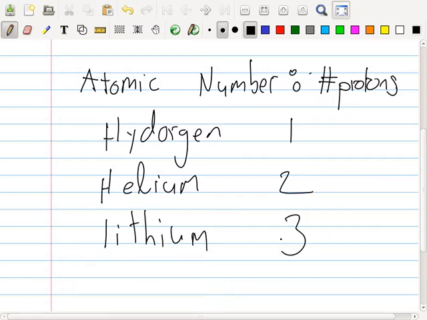Where have you seen lithium in day-to-day life? Albert or Ted? Where would you see this in day-to-day life? Ted will tell me. Battery, very good. So you can have this for a battery. And Albert, helium, very good, balloon. And then hydrogen. Give me an example where you would see hydrogen.